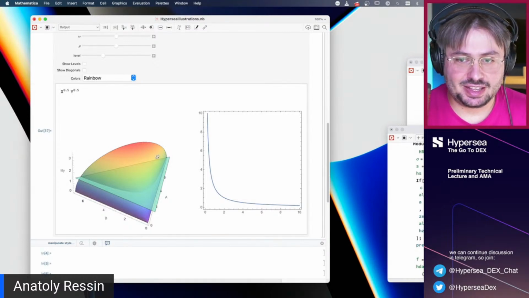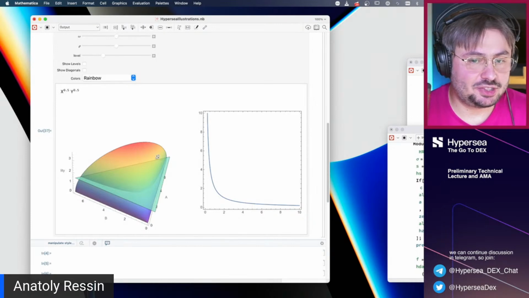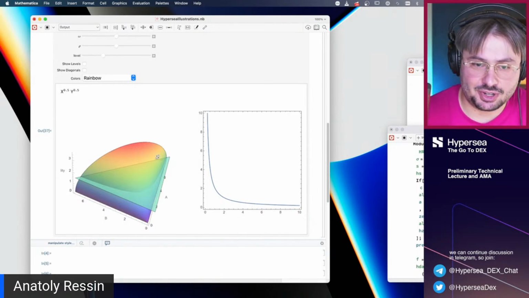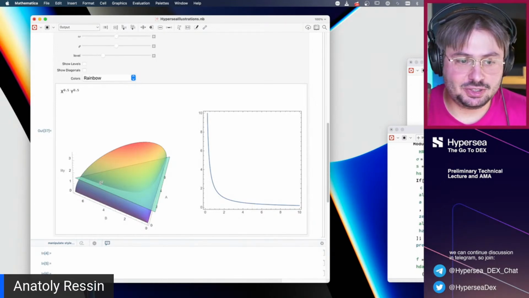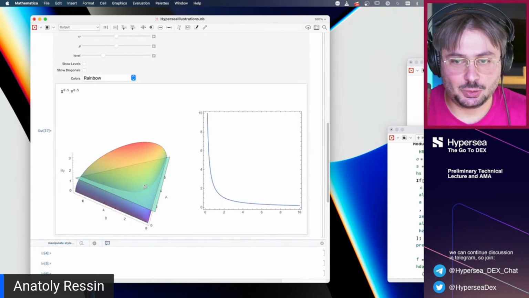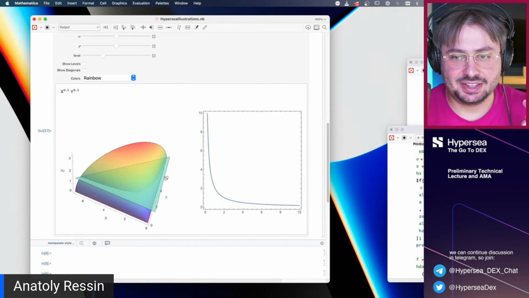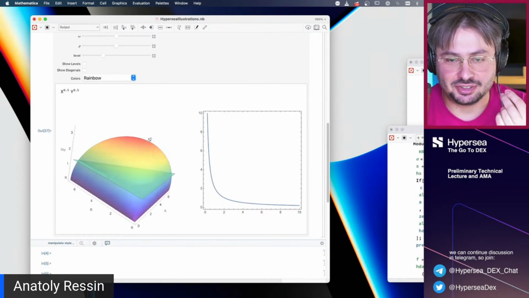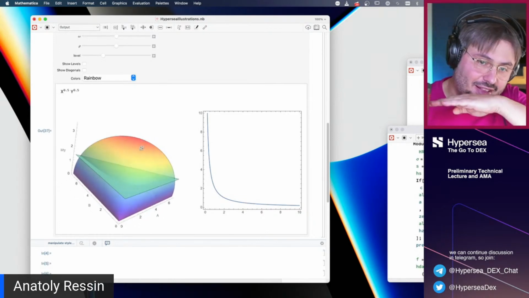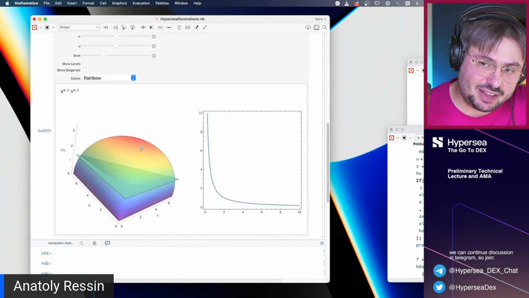It means that if you want to exchange some A for some B, you need to follow this line to have the same utility. It's by geometrical construction. So this is just the same level of utility.